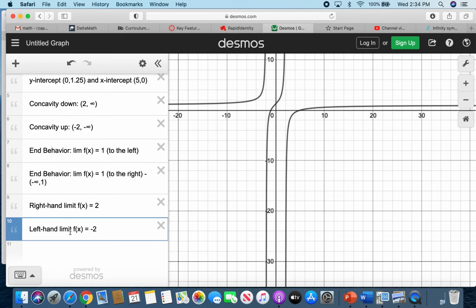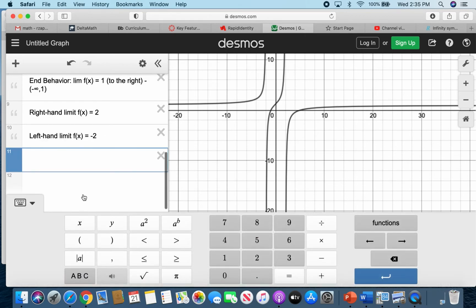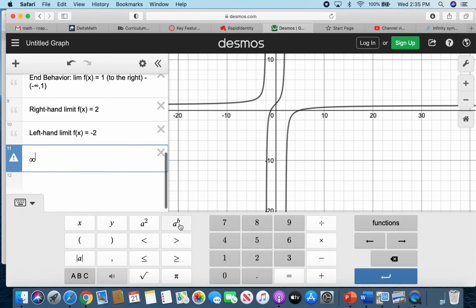So as x approaches from the left, what happens to your y? The symbol for this is like this. If you have that and you have the exponent positive, that means right-hand limit.